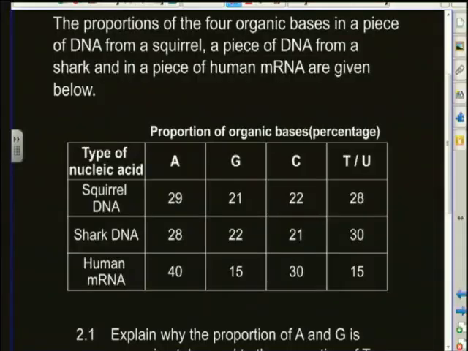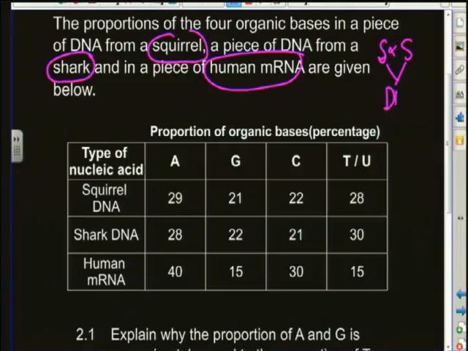All right, have a look over here. It says, the proportions of the 4 organic bases in a piece of DNA from a squirrel, a piece of DNA from a shark, and a piece of human RNA are given below. Be very careful. The squirrel and the shark have their DNA.